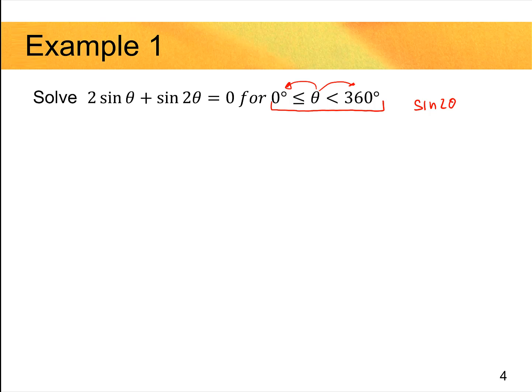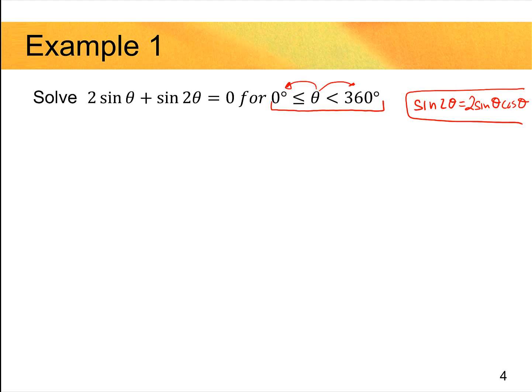Sine 2 theta, called the double angle formula for sine, is 2 sine theta cosine theta. If you need to look at it, it's on the right hand side of the front cover of your textbook, which has all those identities. So really use that as you do these problems where you have to substitute identities.